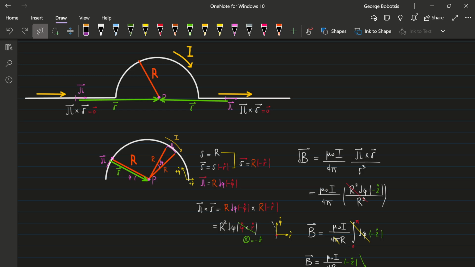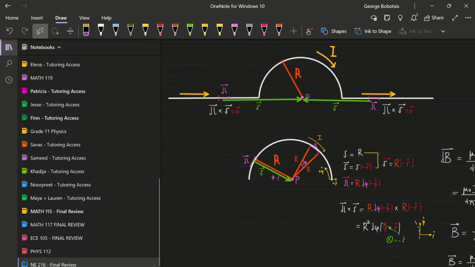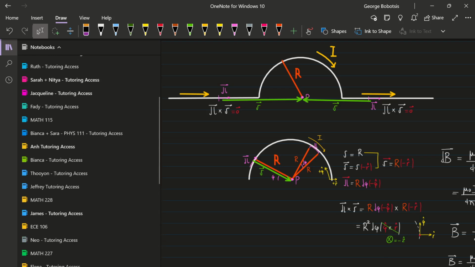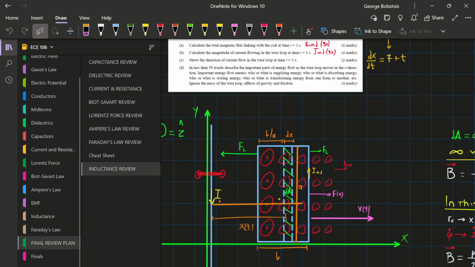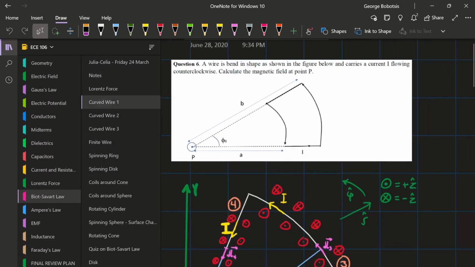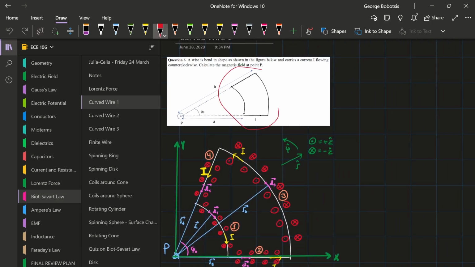If they give you curved segments, it's only the segments that are actually curved that will make some kind of magnetic field at that center. Variations of this problem, for example, like from EC 106, you can see it probably here. Look at this one, right? You have this loop of wire, and you can clearly see that the R vector for this guy and the DL for that guy, they're parallel.